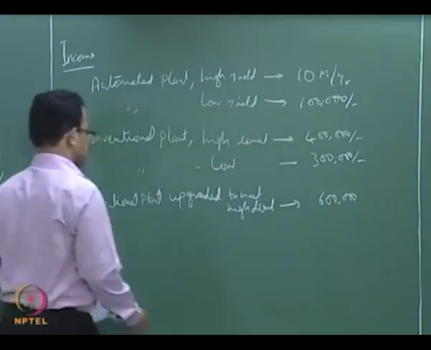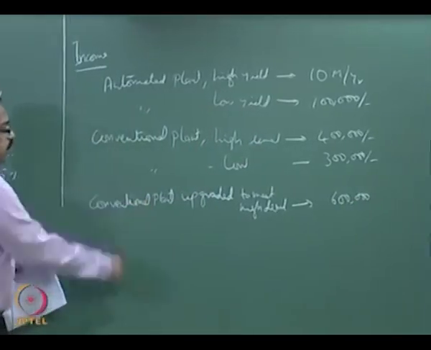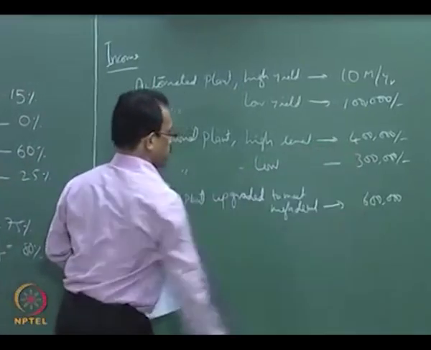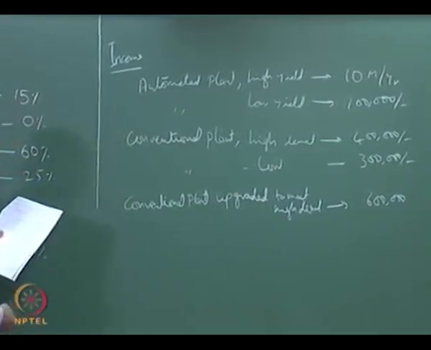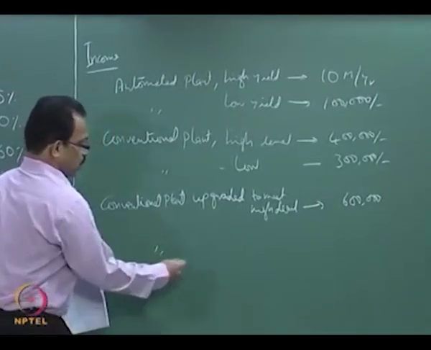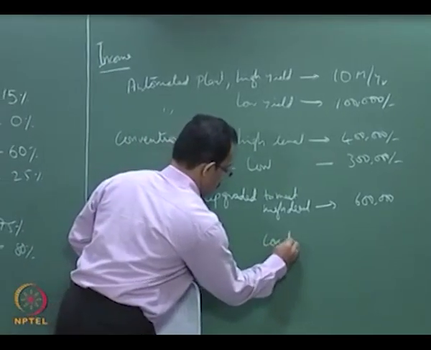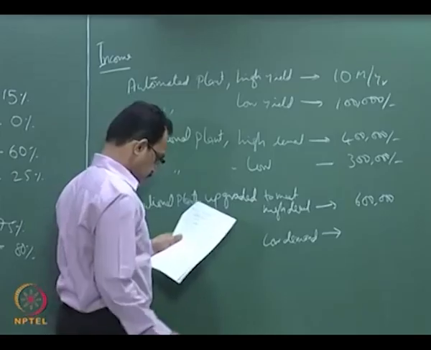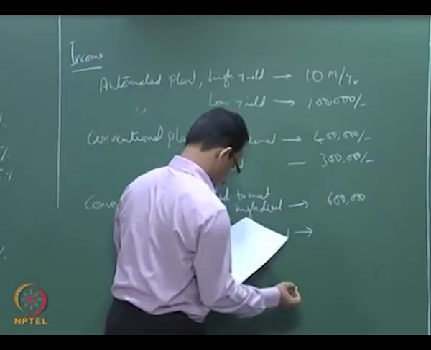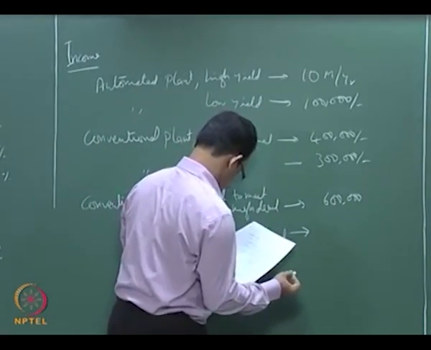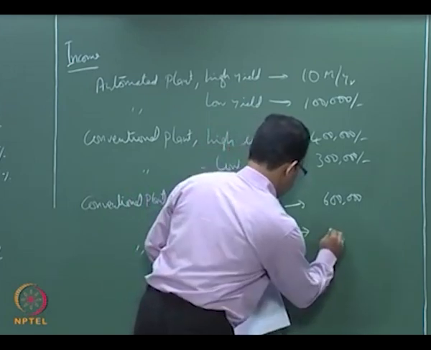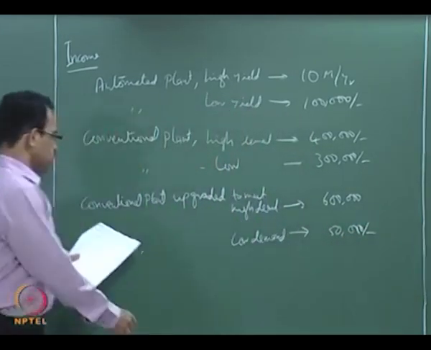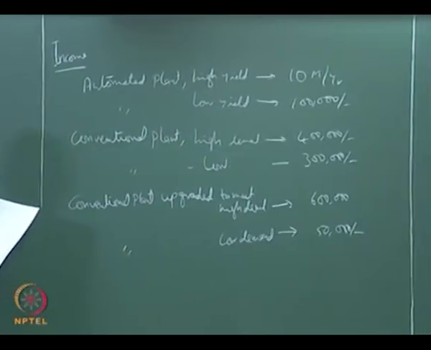That means after 2 years you change this to an automated plant, and this 400 will become 600 with high demand. And in the same situation, low demand, you upgrade it but the demand is low, then the revenue will be lower. So these are the estimated revenues.